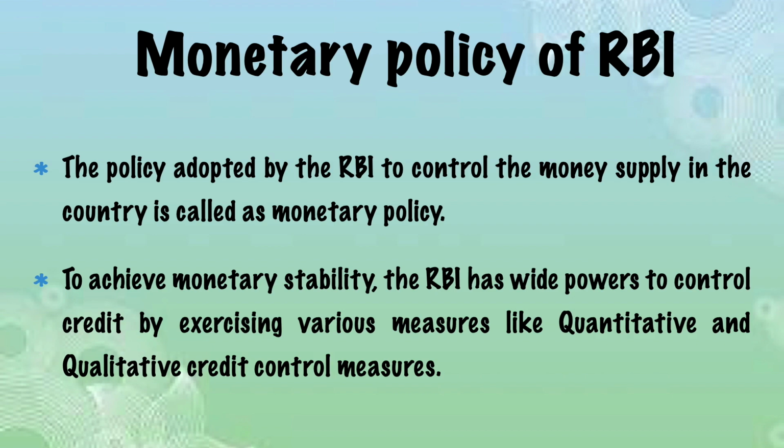Unless prices are stable, the economy will fall, right? If the rupee value is going on decreasing or increasing, it is unstable, and then the economy really cannot develop. But if there is price stability, if the prices are maintained, then monetary stability can be achieved.